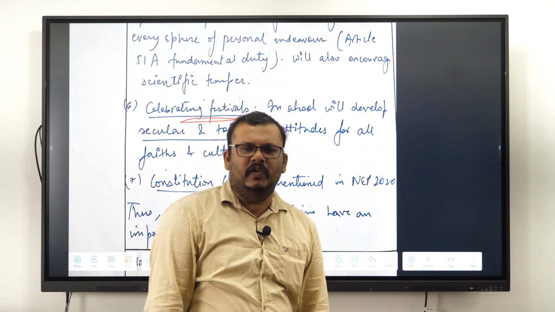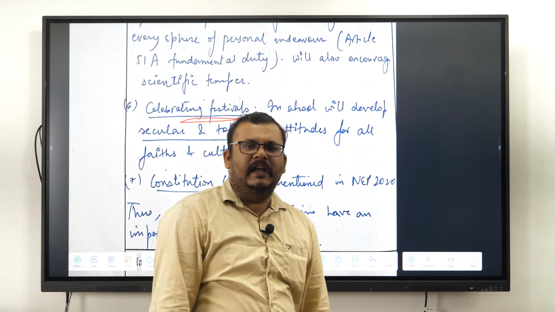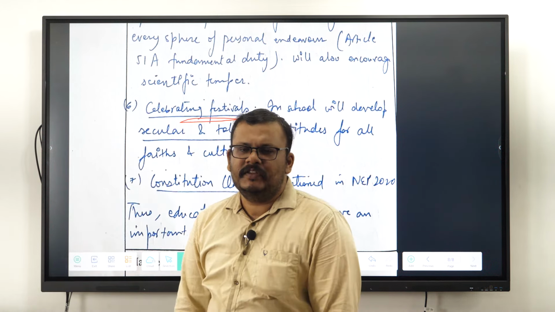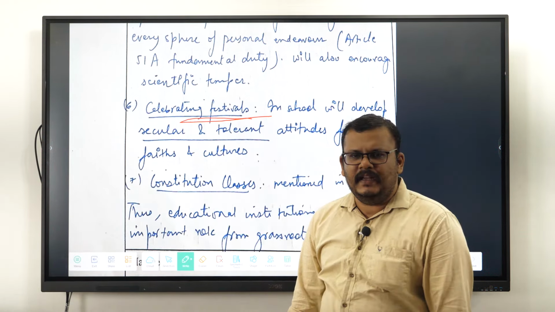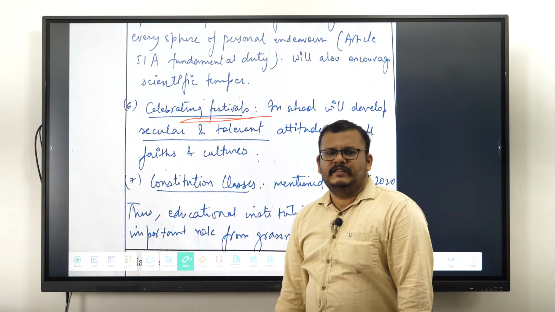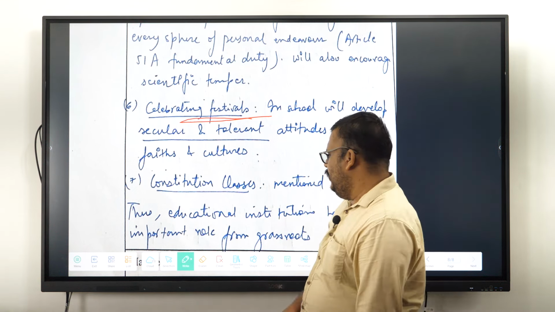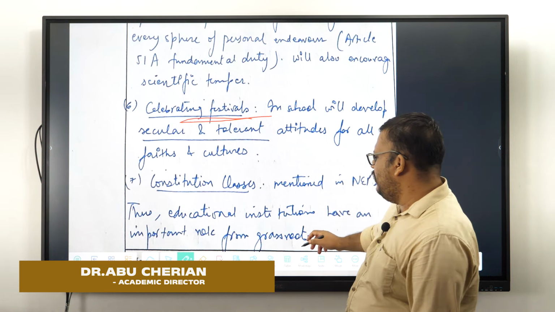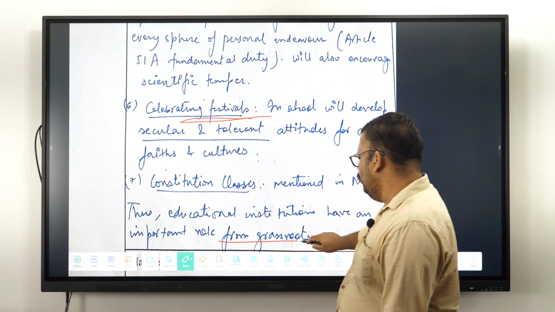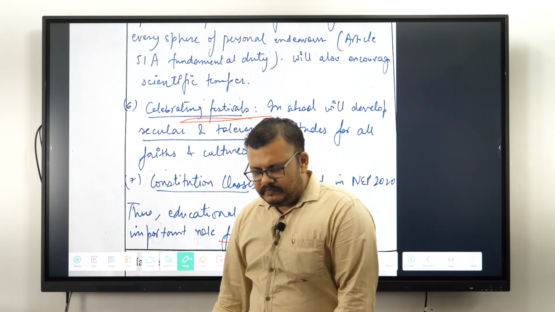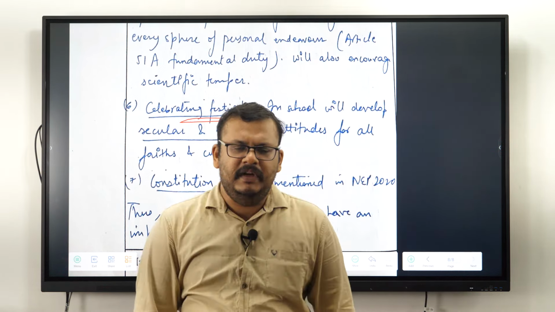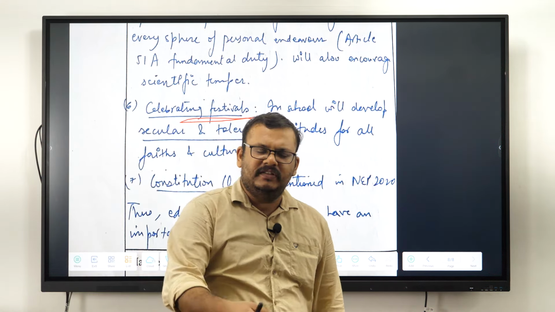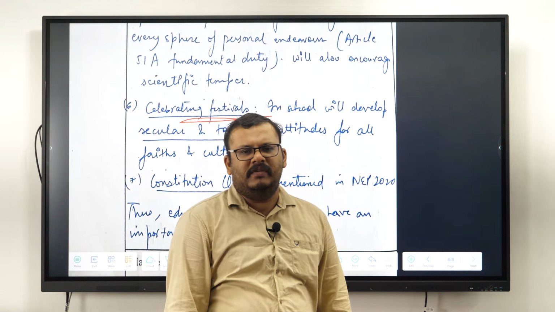These create values, or it helps us in honoring our nation, in respecting our brothers. All these values are created whenever a festival is celebrated. And he is just concluding, thus educational institutions have an important role from grassroots. So he is just trying to give a simple conclusion linking educational system through grassroots level democracy.